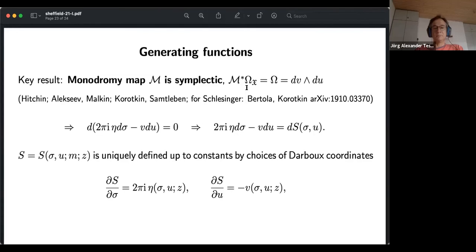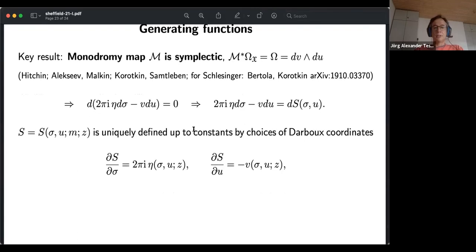And yes, the theorem, which has a certain history here: Hitchin, Alexeev, Malkin, Korotkin, Samtleben, already some time ago for closed Riemann surfaces for the Schlesinger system. It appears that there's more recent work doing exactly what we need, that is Bertola and Korotkin. So the monodromy map is symplectic. Let's just take it as a piece of wisdom we can use.